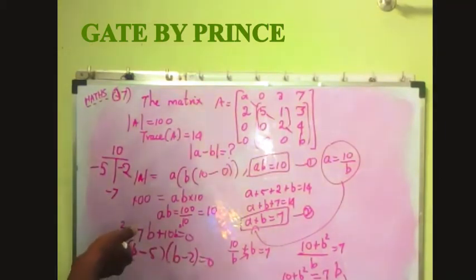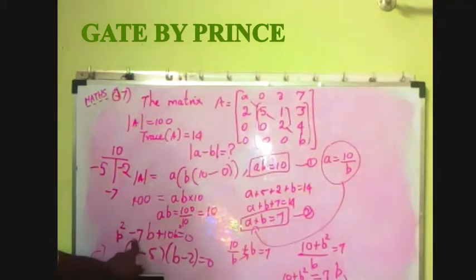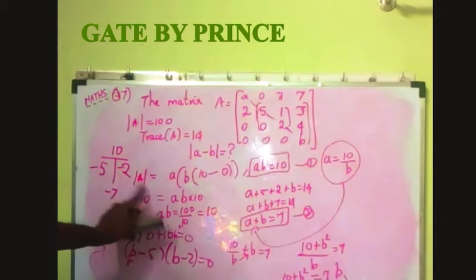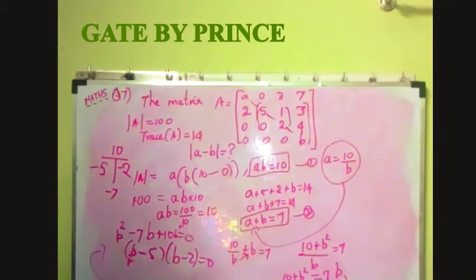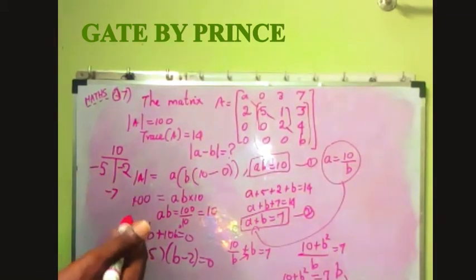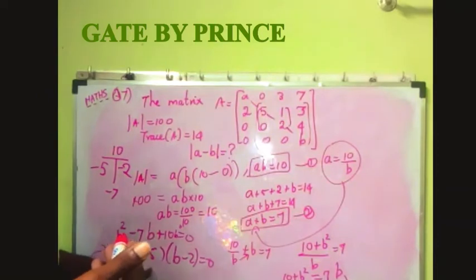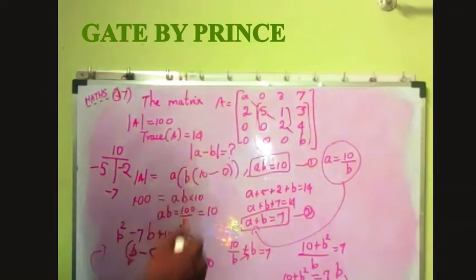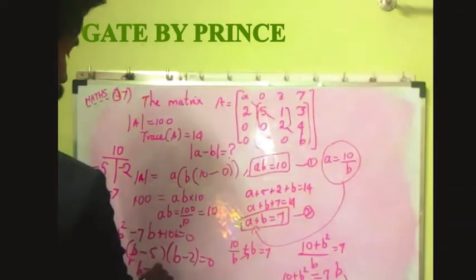This also I'm just skipping. Actually, I have to write minus 7b as minus 5b and minus 2b. If you go very slowly, you cannot finish the examination, okay? If you have to finish the exam, some steps you have to skip. You have to understand, because these steps are up to the 5th or 6th standard, okay? No problem. So automatically b value will be 5 or it will be 2.